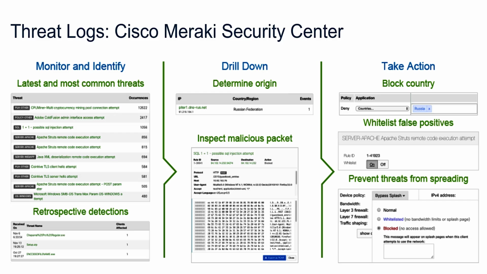Maybe they're called allow lists now, where we're doing false positive handling, marking traffic as trusted so that we can reduce our alert fatigue based on those false positives.